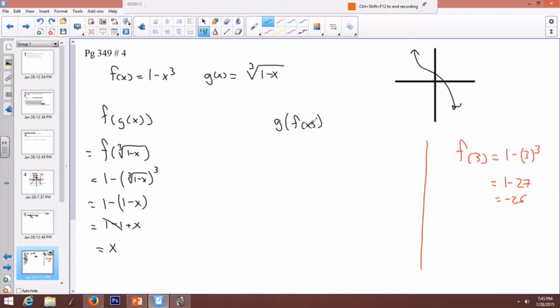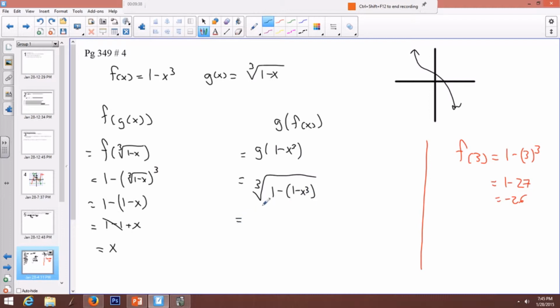And so doing the same thing over here, I've got g of f of x. I replace the innermost portion with this expression, so it's 1 minus x to the third. And now g is: take whatever you're plugging in and put it in for x there. So this becomes the third root of 1 minus the quantity 1 minus x to the third.